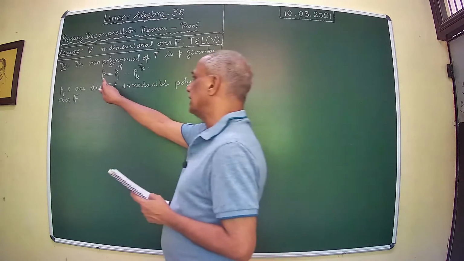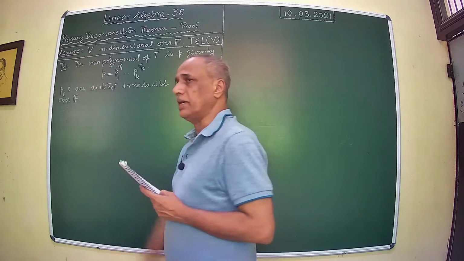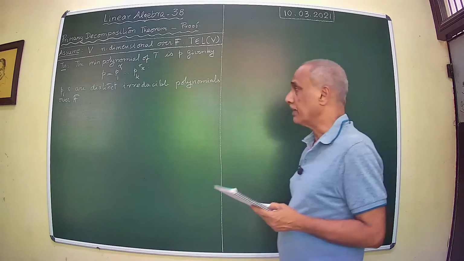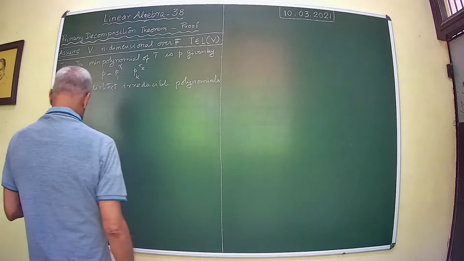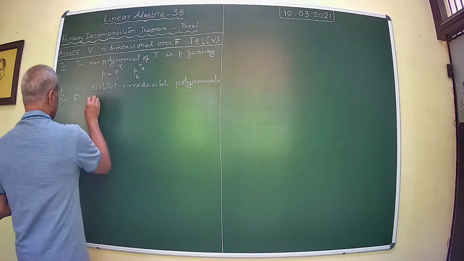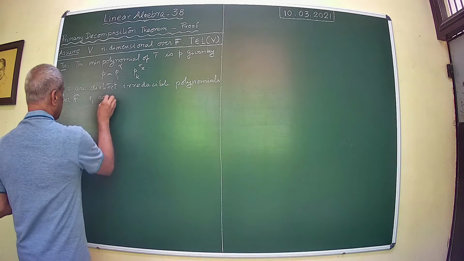So this is essentially the primary decomposition of p. You cannot reduce it any further. Now the ri are positive.